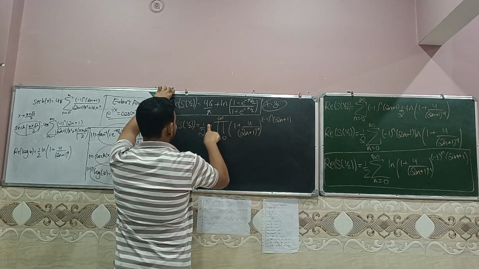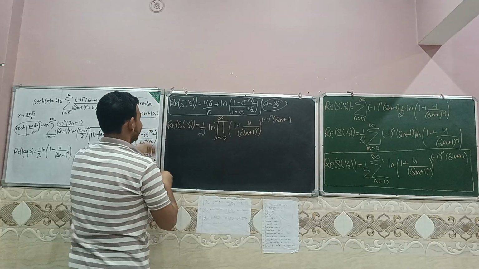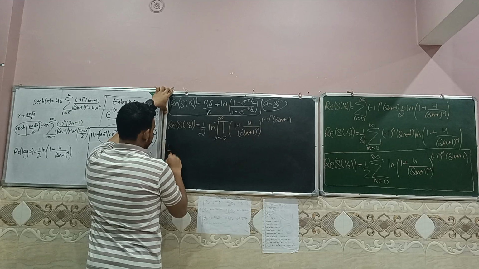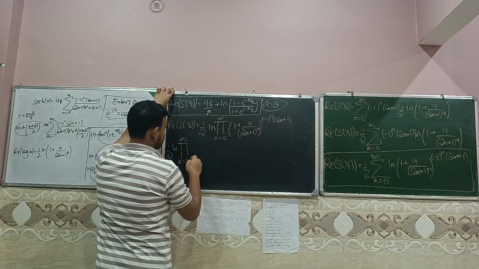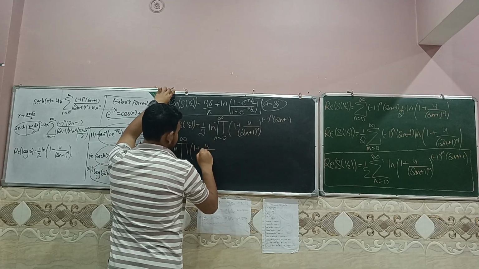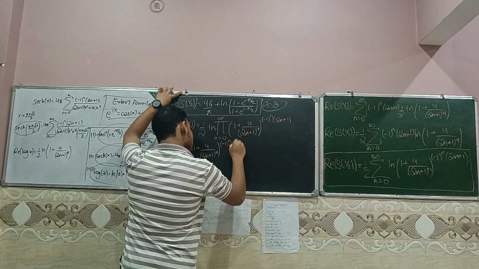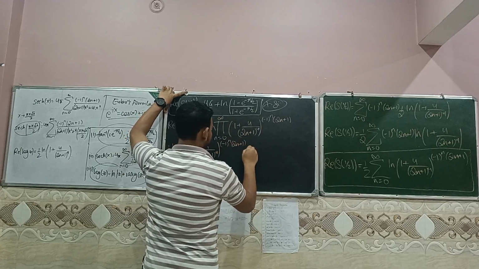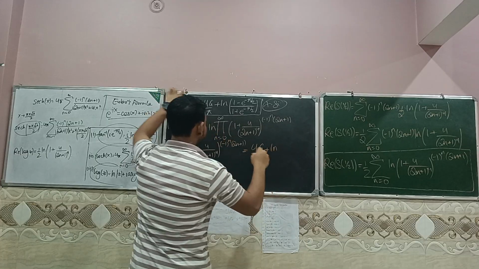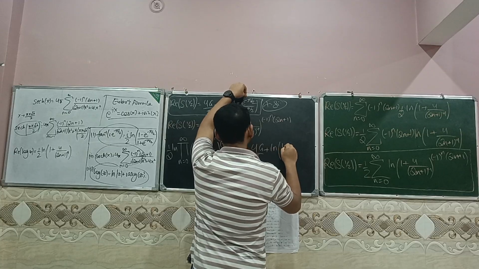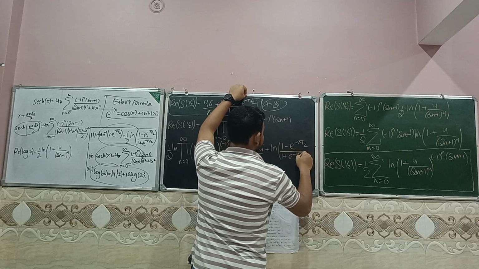Okay, and now we can compare these two equations, right? So this becomes 1 over 2 ln the product as n goes from 0 to infinity of the same stuff, that is 4G over pi plus ln of (1 minus e to the negative pi over 2) over (1 plus e to the negative pi over 2).